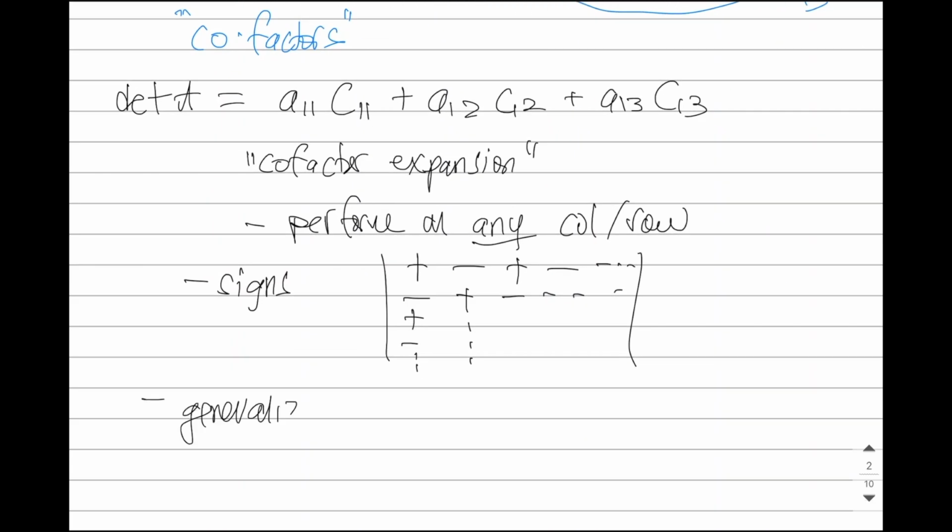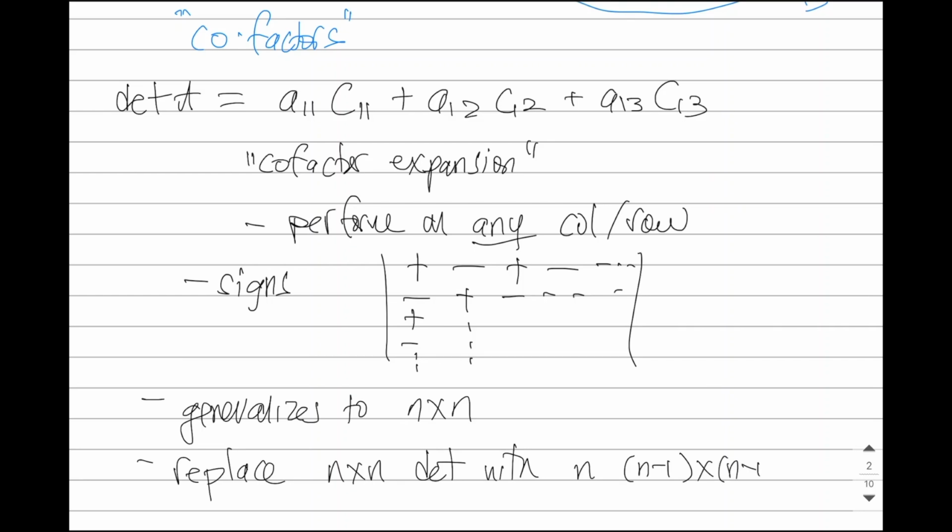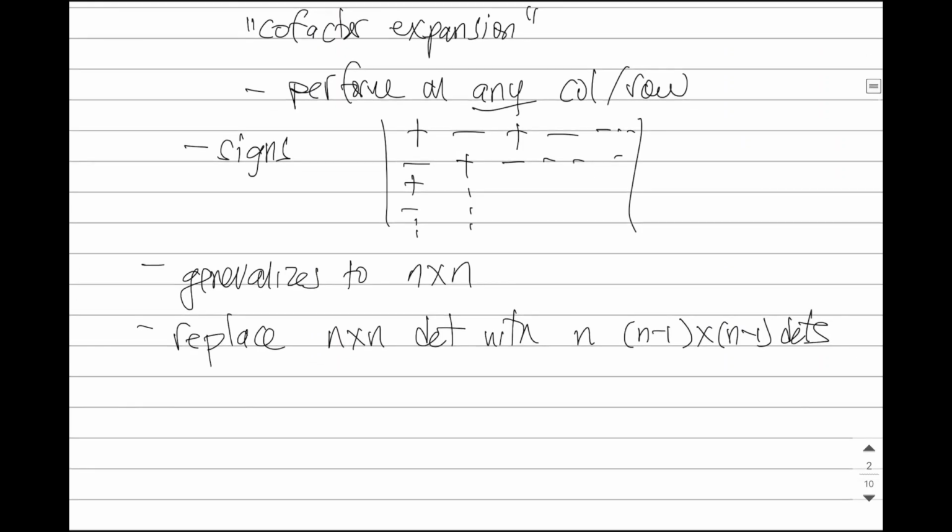This is probably the most gruesome way of calculating a determinant. It generalizes to an n by n matrix. What you do is you replace an n by n determinant with n smaller determinants, n minus 1 times n minus 1 determinants, and it's approximately n factorial steps.